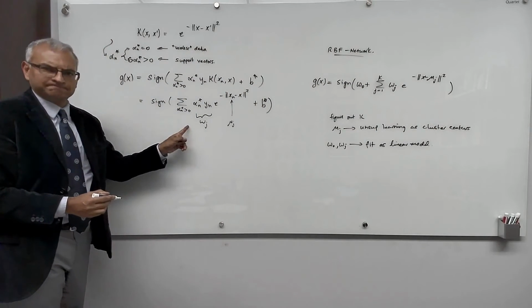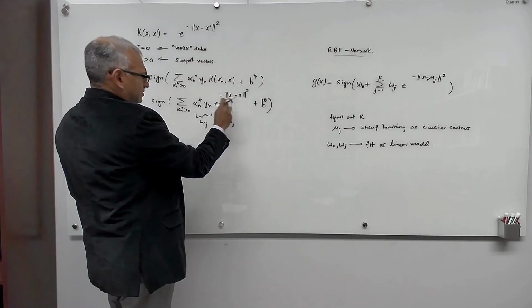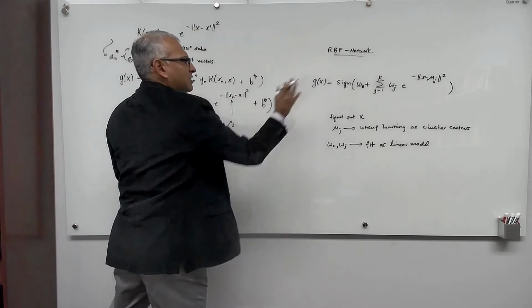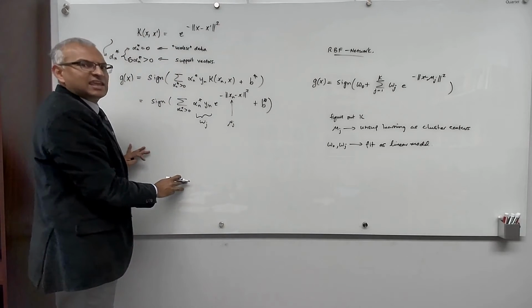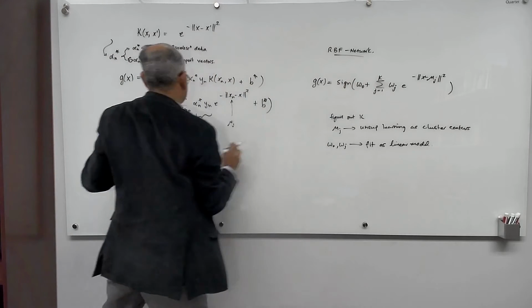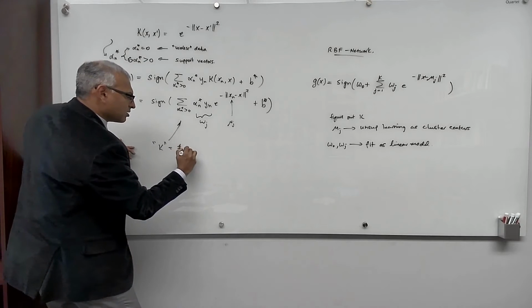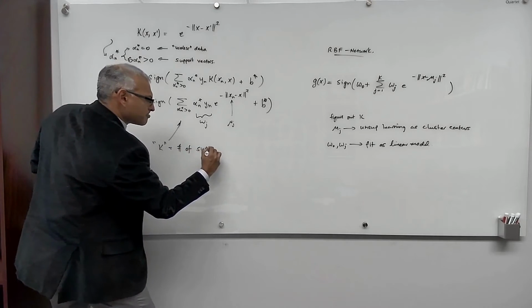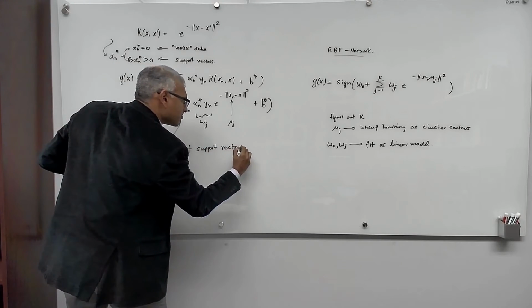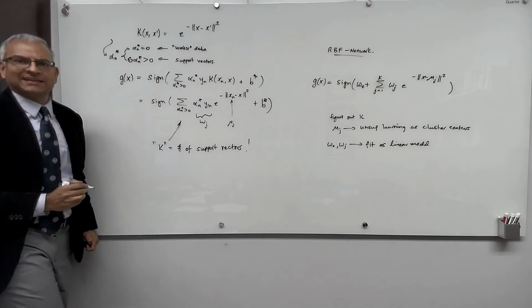But look at what goes on here. It's exactly the same functional form. What is K? What is the number of centers? K is equal to the number of support vectors, automatically determined.